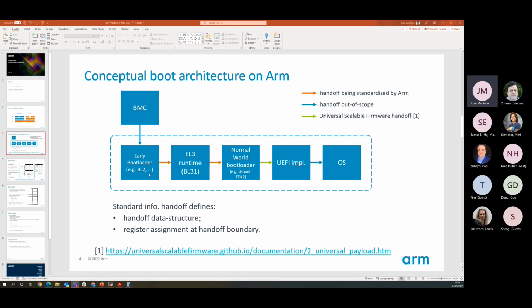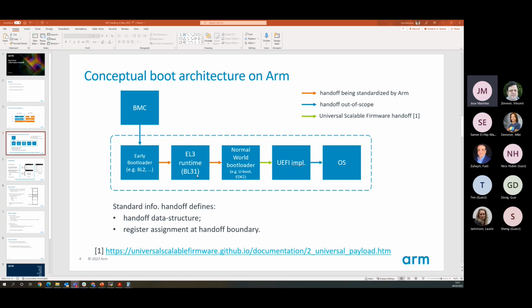BL2 goes immediately out of the picture once it loads and authenticates the EL3 runtime. I'm also omitting from this diagram an aspect called the secure world payload, which generally is the trusted OS. That's all loaded and authenticated by BL2. And once that's done and you hand off to the next component, BL2 gets immediately out of the picture.